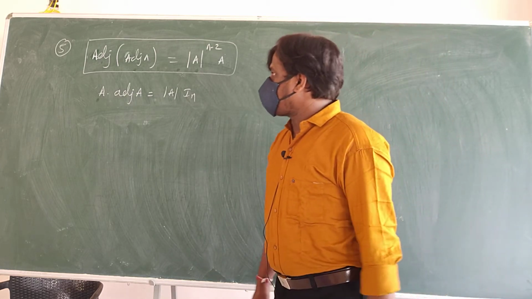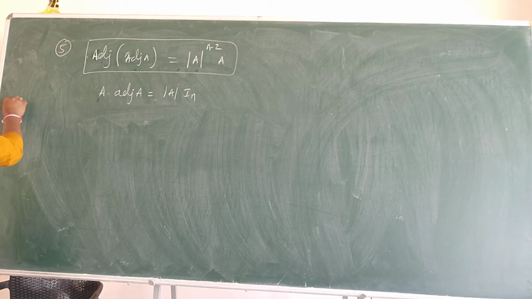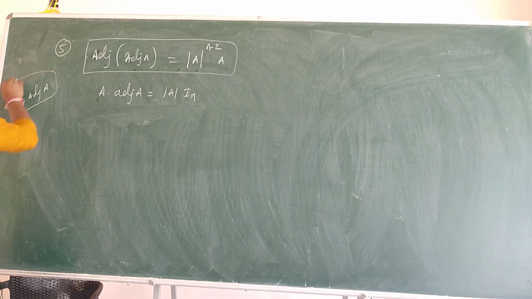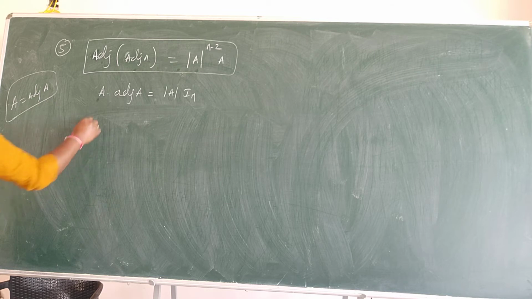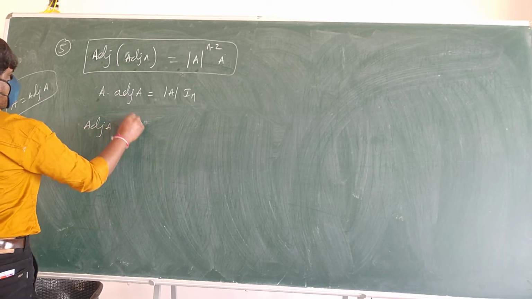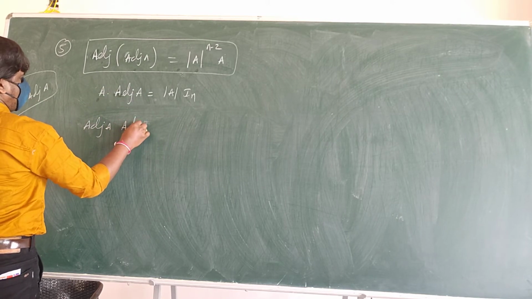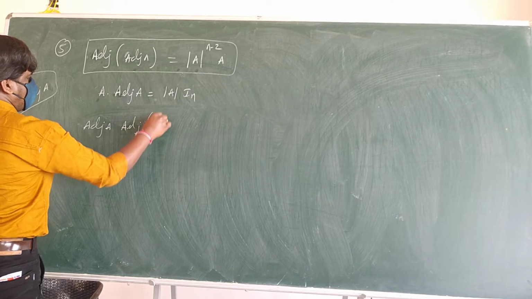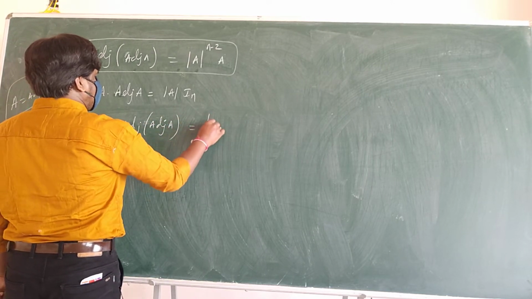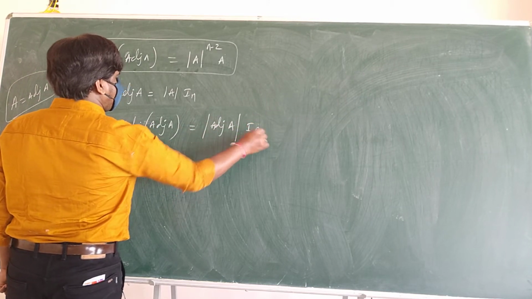Now I have to get the adjoint of adjoint A, so I am replacing A as adjoint A. Here I get adjoint A into adjoint of adjoint A is equal to determinant of adjoint A into In.